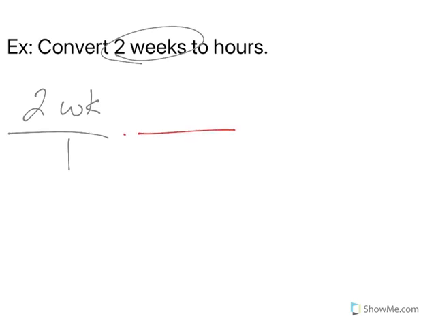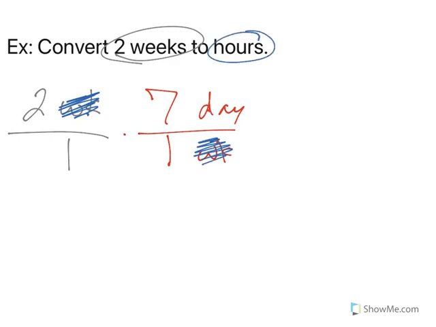Convert 2 weeks to hours. Okay, so we start with 2 weeks. Well, what do you know about weeks? Well, there's 7 days in a week, so weeks go on the bottom, right? Opposite positioning for your labels. So I can say in 1 week, there are 7 days. Okay, so that gets rid of my week label. And I want to go to hours.